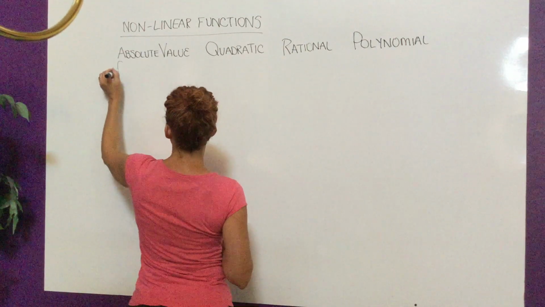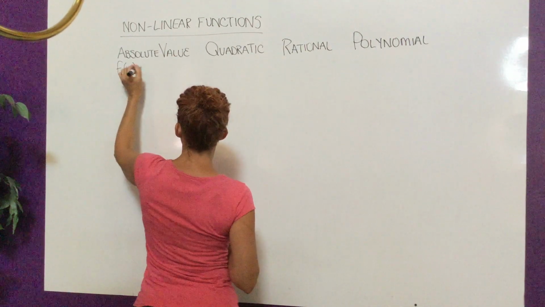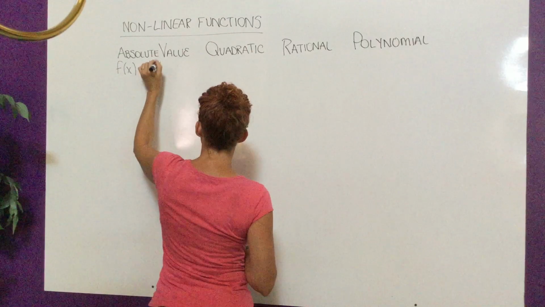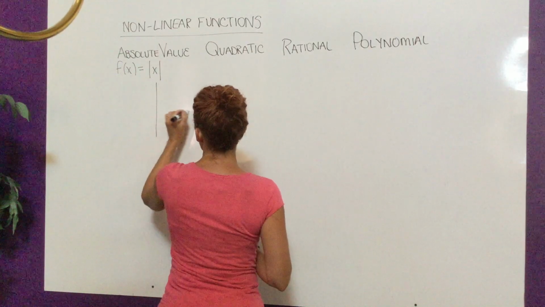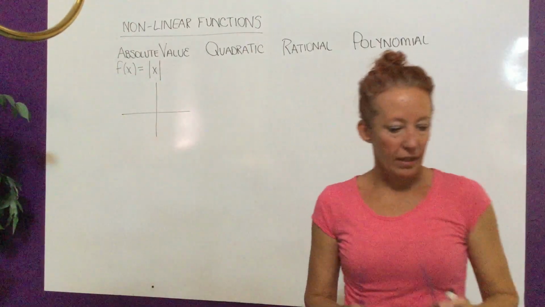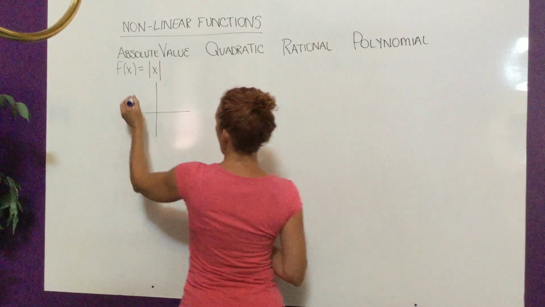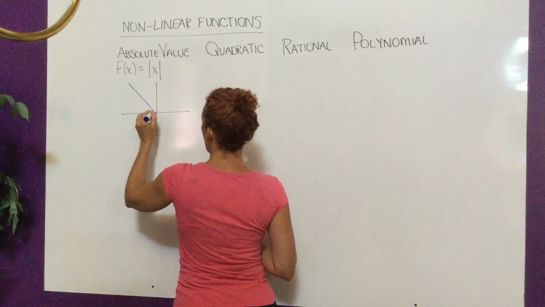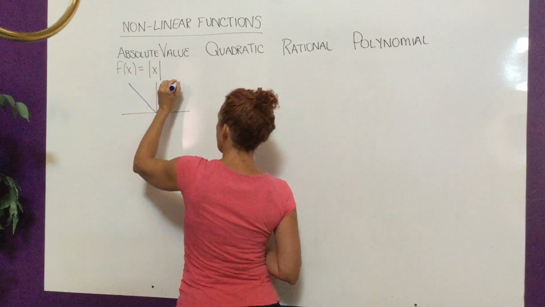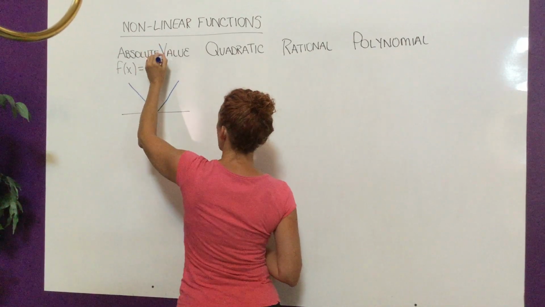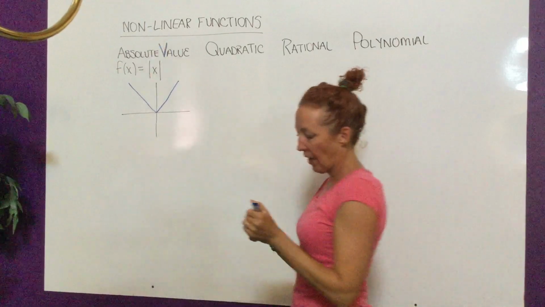So an absolute value function is going to look like this. It's of course going to have absolute values. I think I mentioned at some point in chapter 7 the graph for an absolute value function is a V shape, so it's kind of nice because it matches that.